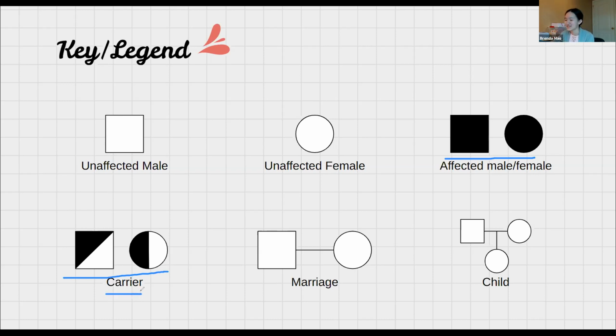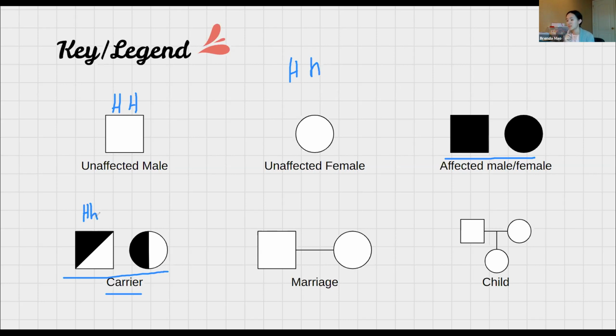Just know that carriers are heterozygous. So for example, let's say whatever trait we're tracking, the alleles are H and h. Let's also say it's recessive, just why not? We could say that this person might be heterozygous. Oh wait, no, they're not heterozygous. This person is homozygous, and this person is heterozygous.